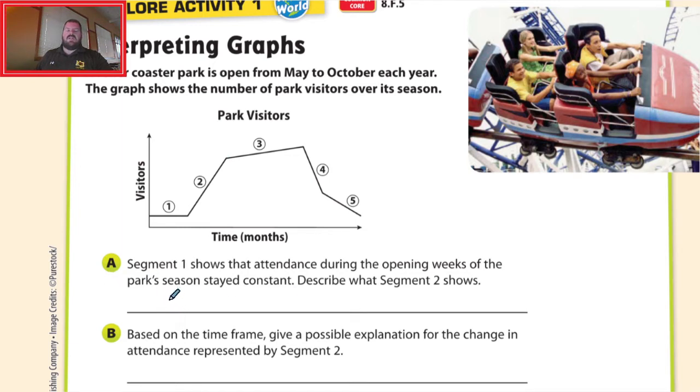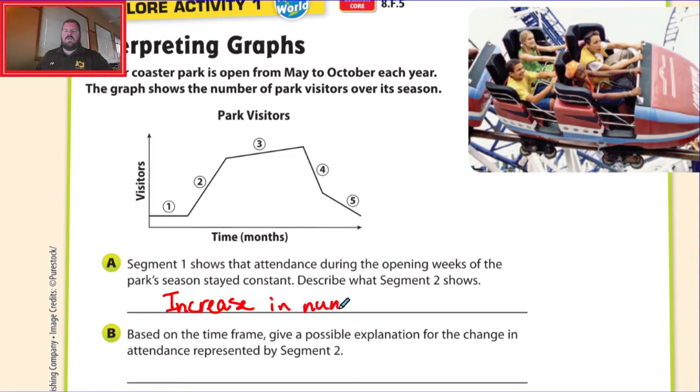Well, at a basic level, it shows an increase in number of visitors. And I think an easier way to look at this is to think of visitors as number of visitors per day.